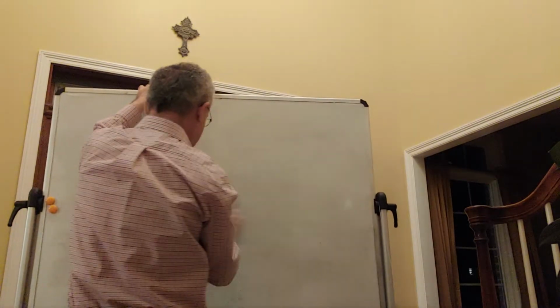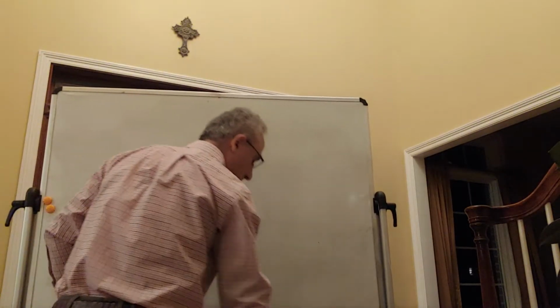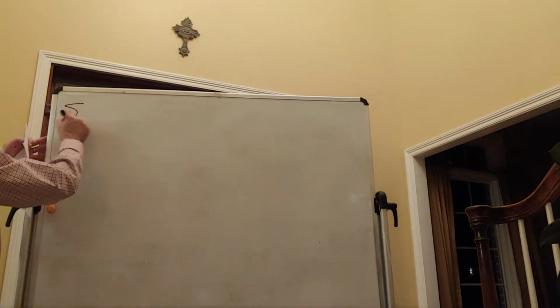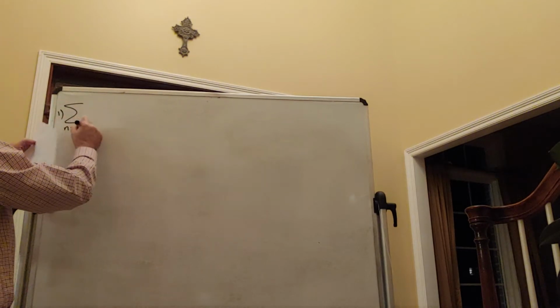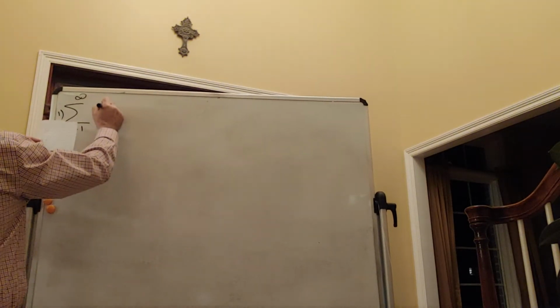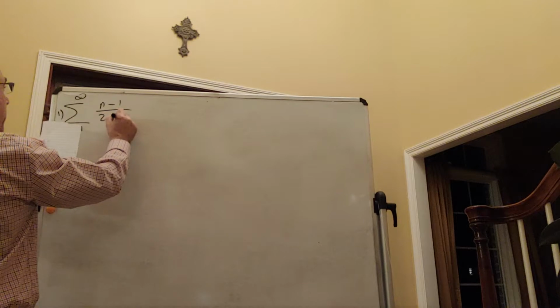Okay, so let's look at some problems I constructed for you. Number 1, the sum from n equals 1 to infinity of n minus 1 over 2n plus 1.